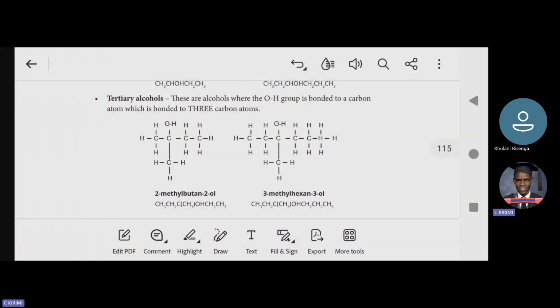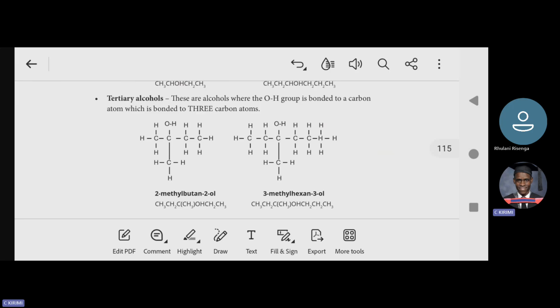So 2-methylbutan-2-ol means the OH is attached on carbon number 2, and that is what we are referring to as a tertiary alcohol. Or you can also use 3-methylhexan-3-ol, which means the methyl group is at carbon number 3, and the OH group is also at carbon number 3. So that's how it is.